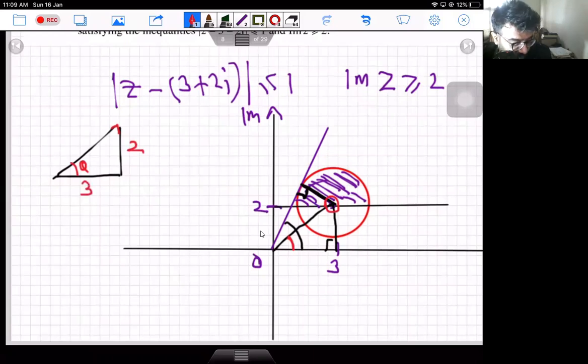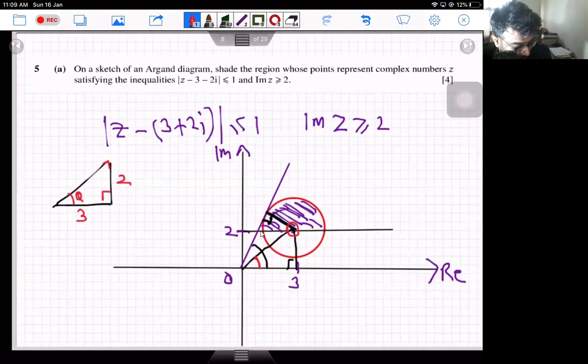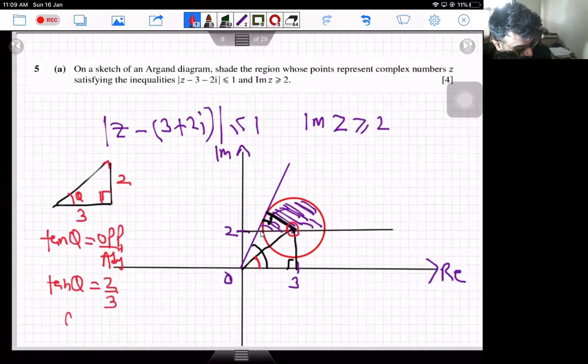So if I want to find theta, tan theta is equal to opposite over adjacent. So tan theta is equal to 2 over 3. Theta is equal to tan inverse 2 over 3.